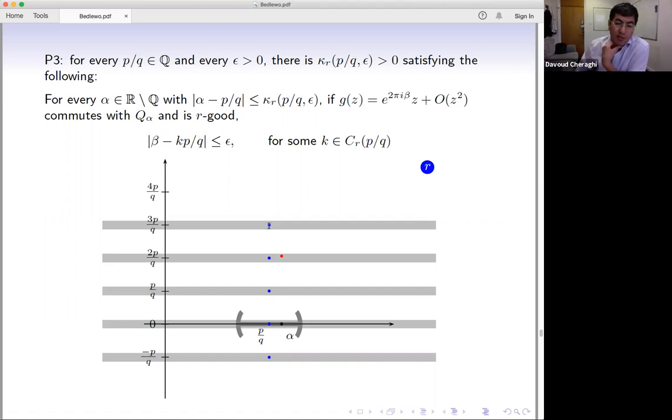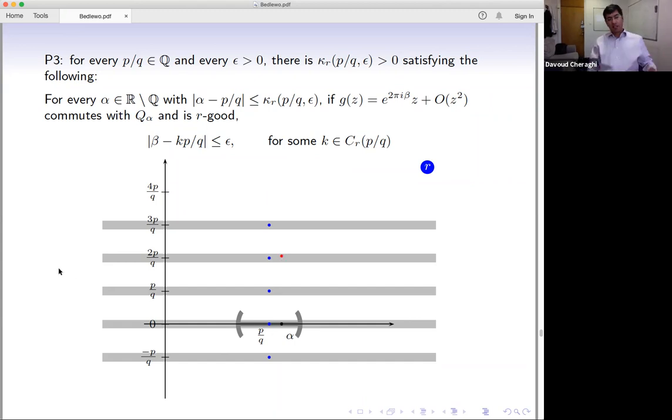So I basically multiply those values with P over Q: P over Q, 2P over Q, 3P over Q. The precise statement is that for any epsilon neighborhood of this value, there exists a neighborhood of P over Q such that this holds. So whenever you commute with one of these elements, your rotation number must be close to one of these values.